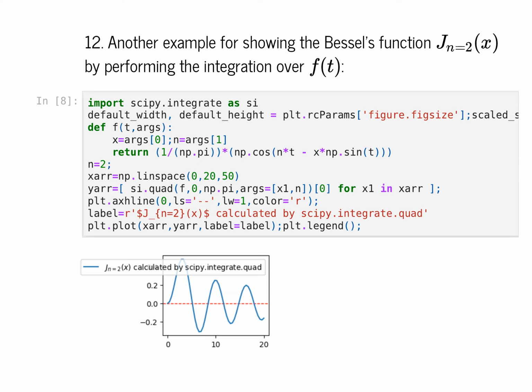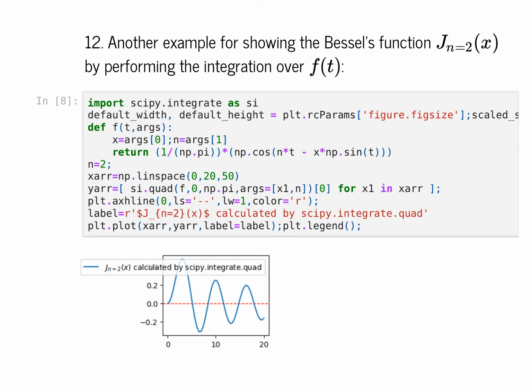The results of these 50 integrations are collected into a list called yar. Finally, plt.plot(xar, yar) plots these computed y values against the x values, effectively drawing the curve of J_2(x) as calculated through numerical integration.